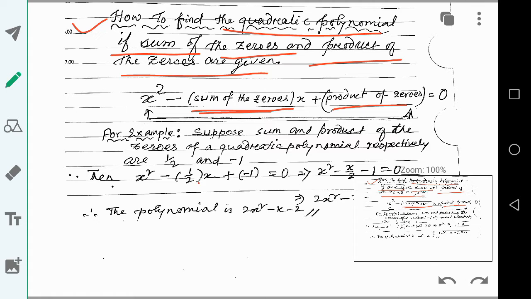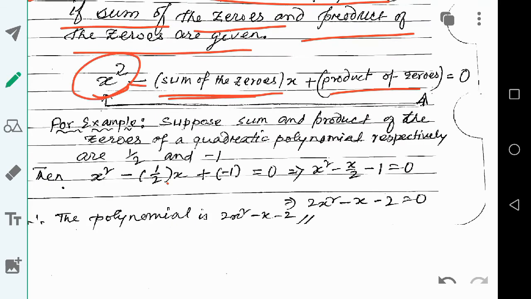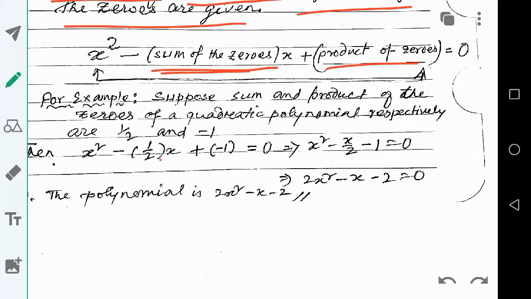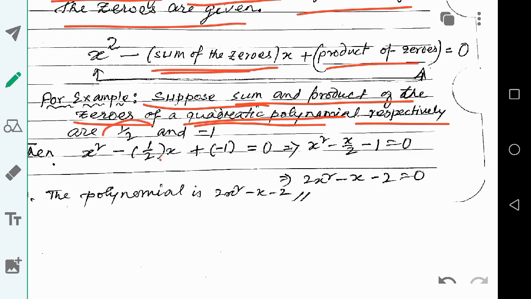So how to obtain that? x square minus (sum of the zeros) x plus product of the zeros equal to 0. For example, here the sum and product of the zeros of a quadratic polynomial are given; the polynomial is not given, we need to determine it. They are respectively half and minus 1. So half is the sum of the zeros, minus 1 is the product of the zeros. Put half here and minus 1 here.